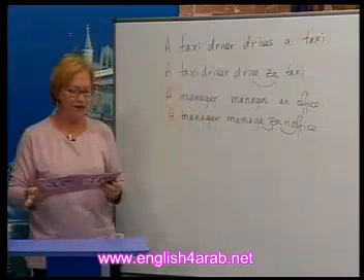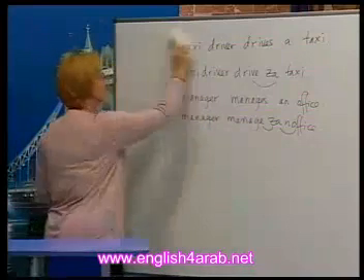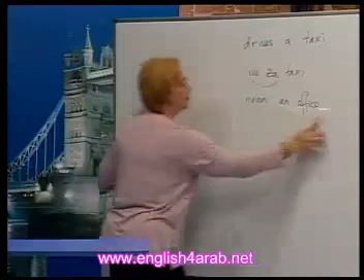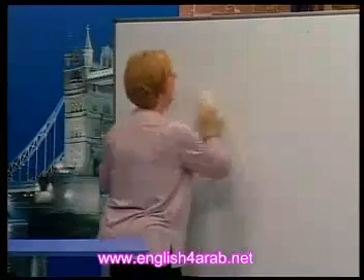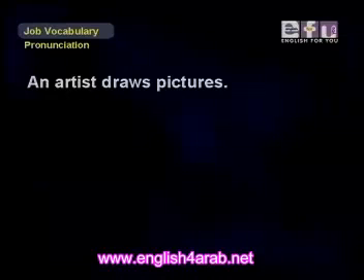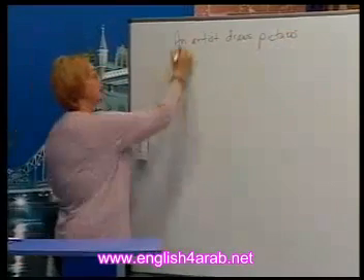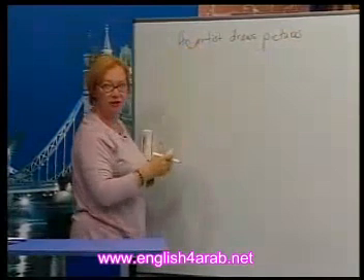All right? Now, let's do some practices and we'll see what some other sentences look like. Here's one. An artist draws pictures. An artist draws pictures together.